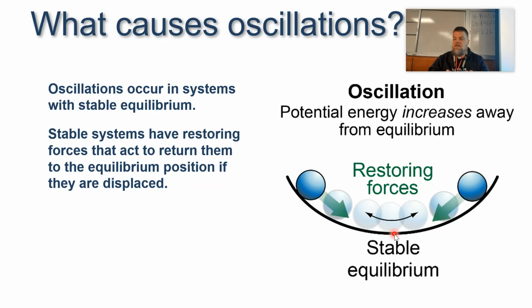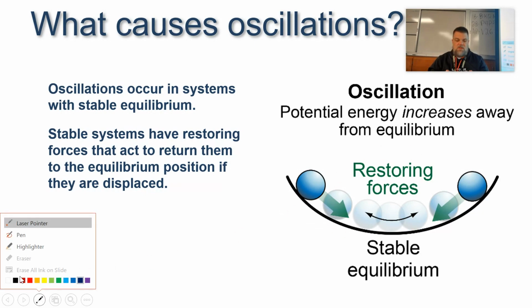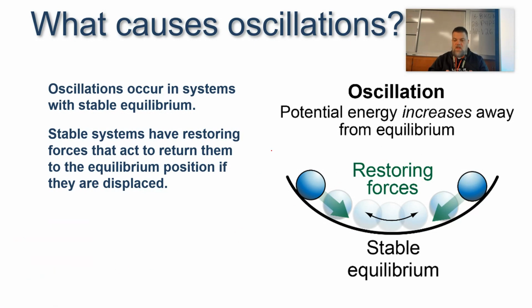Down here, you have the lowest potential energy because it's mostly converted to kinetic energy. Up here, you have the highest potential energy. Now, there's some sort of restoring force. Actually, sketch this image out because it is important. So just go ahead and draw this picture in your notes somewhere.